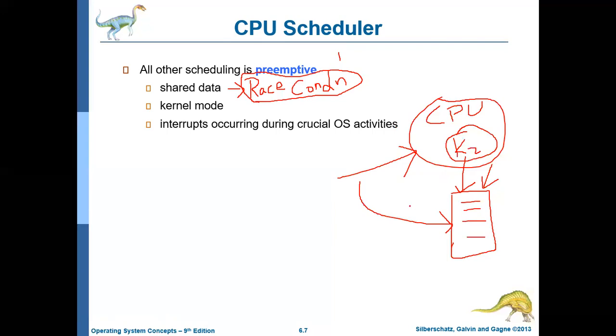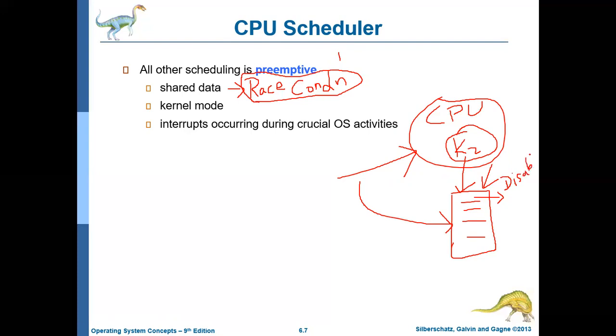To avoid this, when this type of important OS related activity is going on, the first statement will be to disable interrupts.